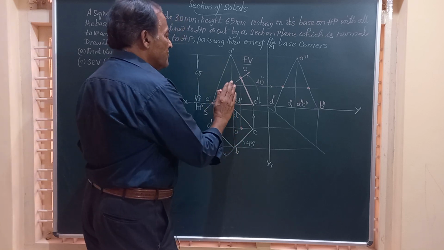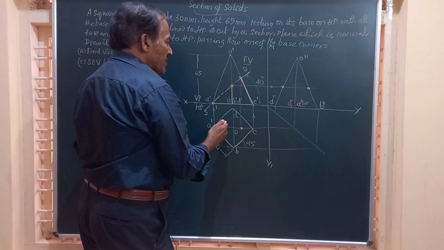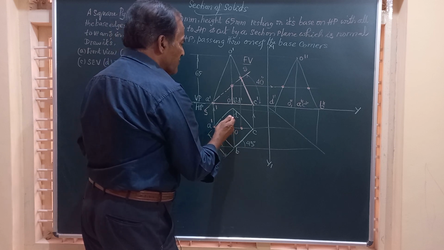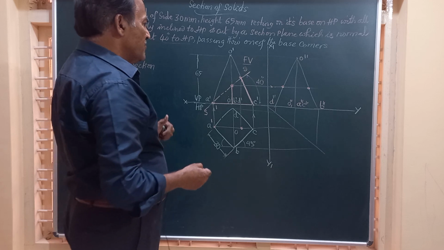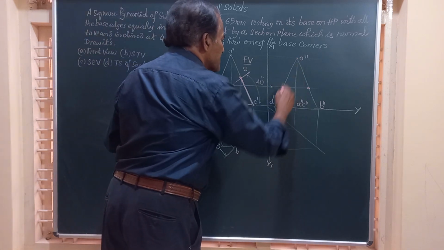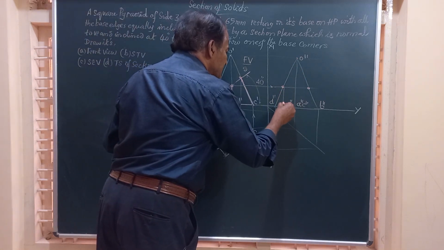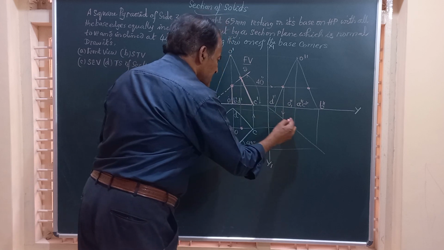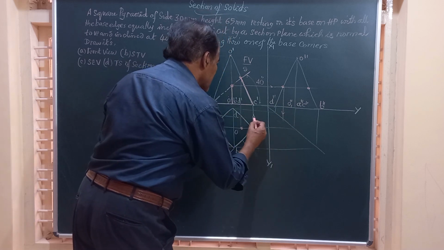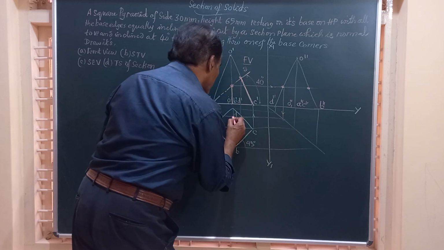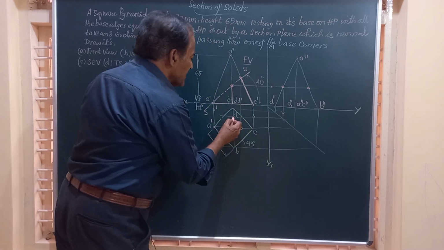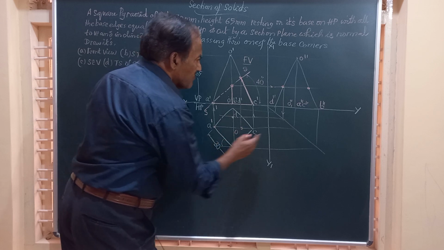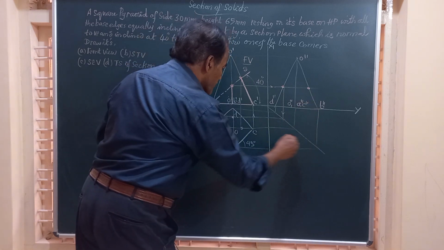Now friends, if we have the end view, you can get the point here, or if we have the top view, front view and end view, you can locate that point. So friends, OD is cut here. Draw a vertical line from there till it cuts the 45-degree line and locate that point on OD. Similarly, on the other end, you can mark OB by the same procedure.